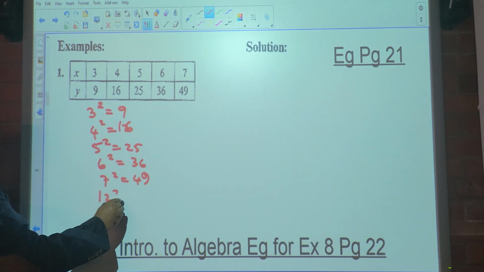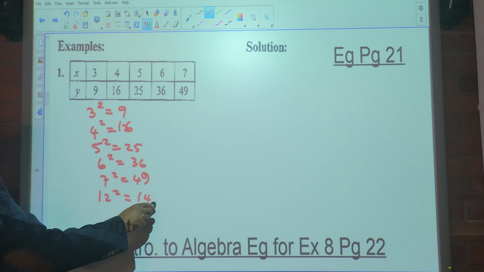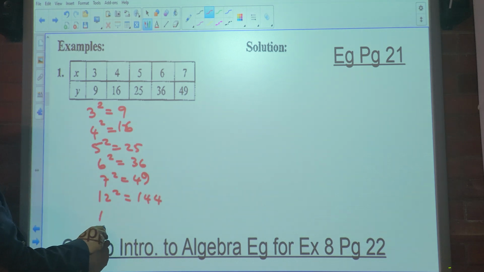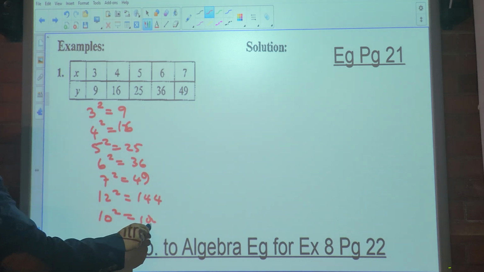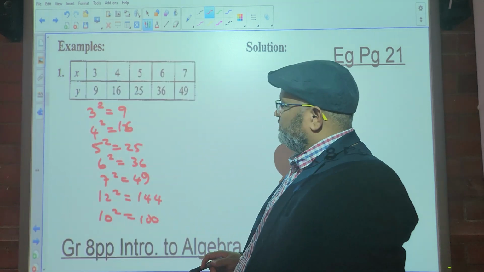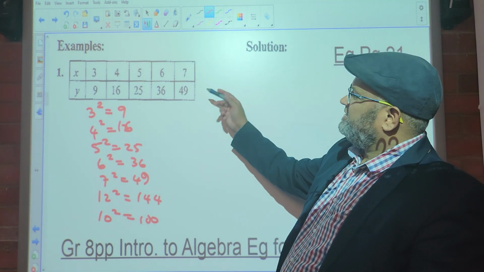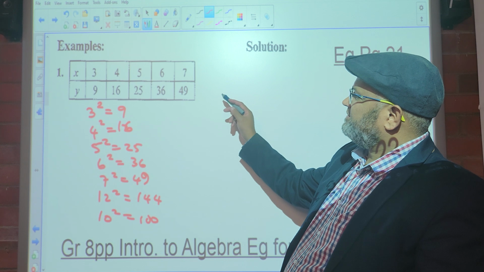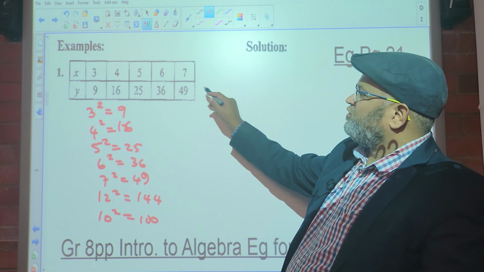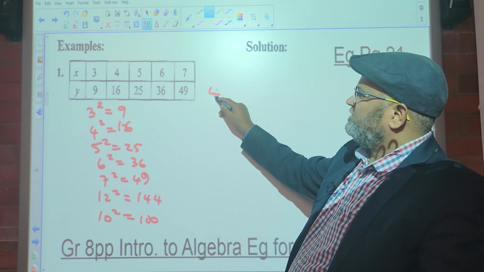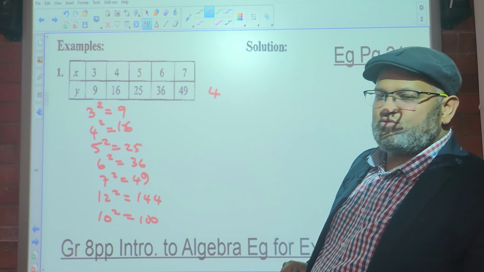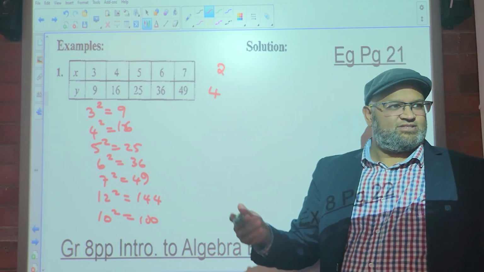What is 12 squared? 144. What is 10 squared? 100. Can you see that, people? So what if I asked you, if you chose y to be 4, then what would x then be? 2. So now I'm working in reverse.